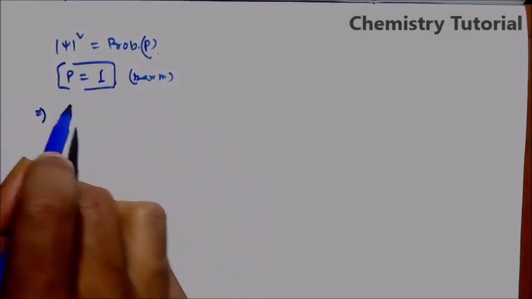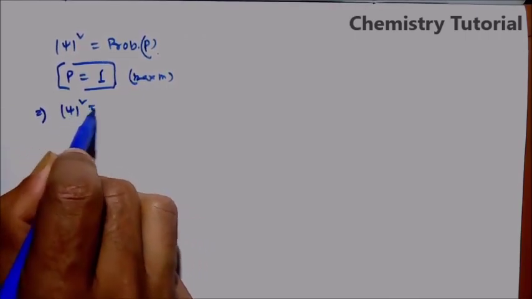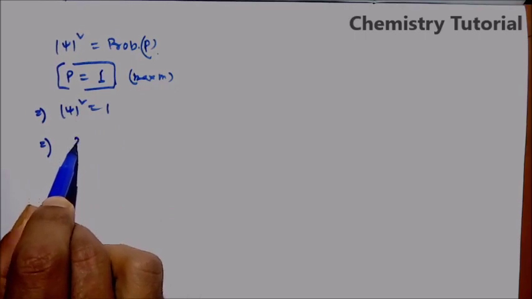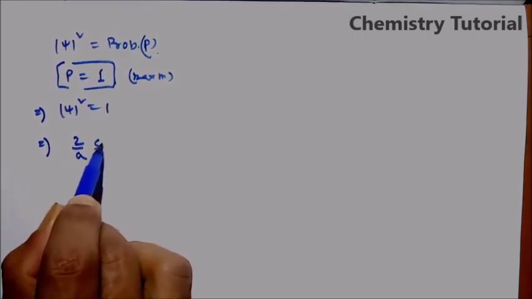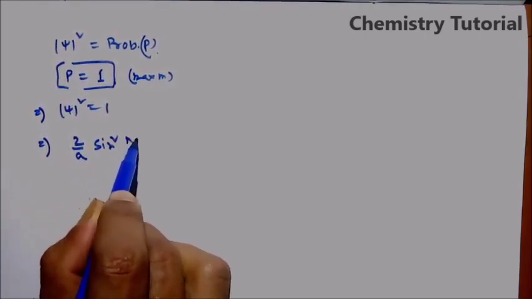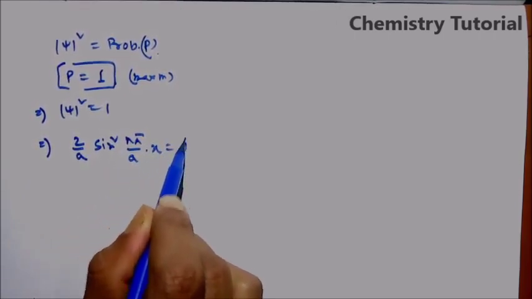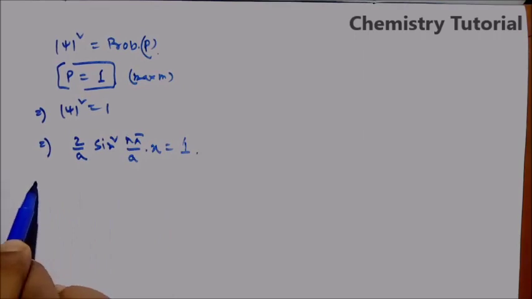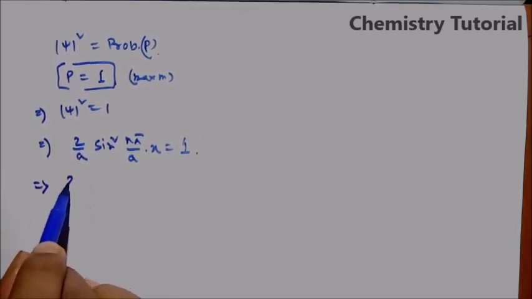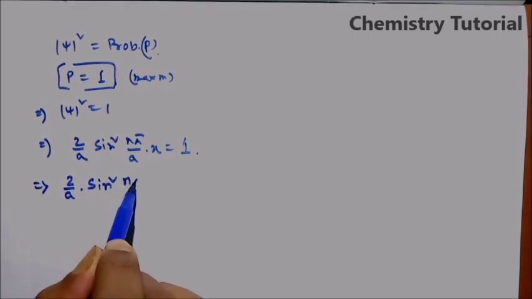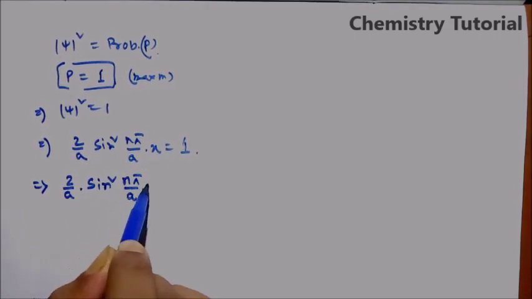So this can be written as psi square equal to 1. So this will be 2 by a sine square n pi by a into x equal to 1.